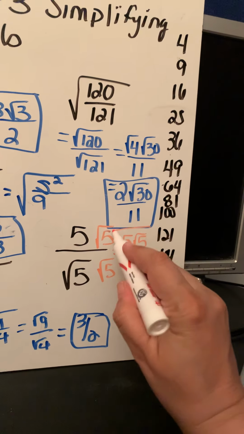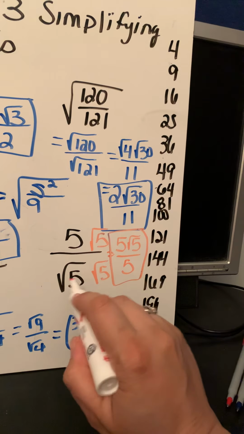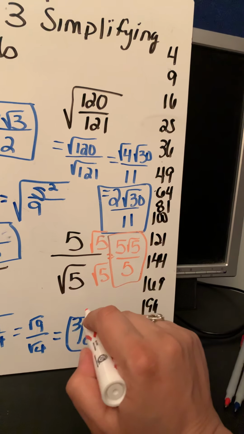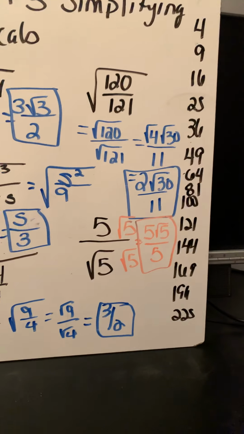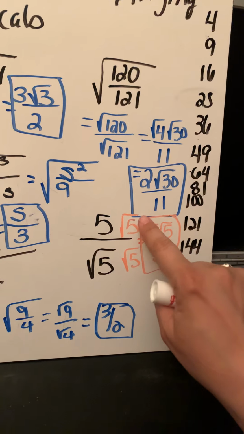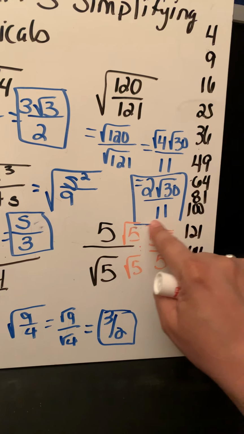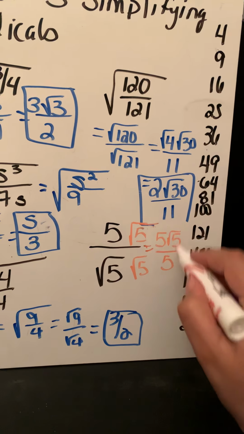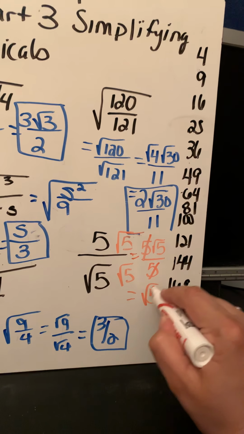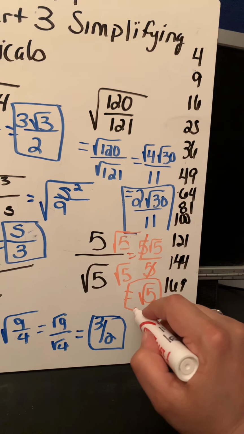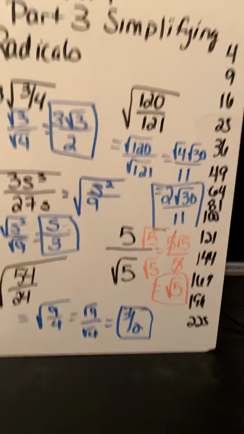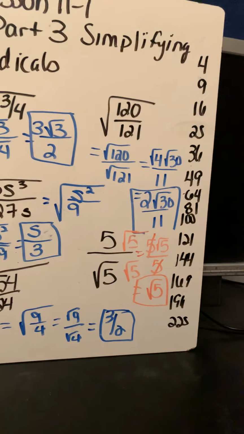But one thing I can conjecture is when two radicals are the exact same and I'm multiplying them, it's just going to be that number without the radical. So I can reduce this one step further. Shouldn't have put a box around it yet. I'm not done yet. So the 5's cancel. So what am I left with? Root 5. There's my answer. Done. That's rationalizing the denominator, which is a pretty easy concept.